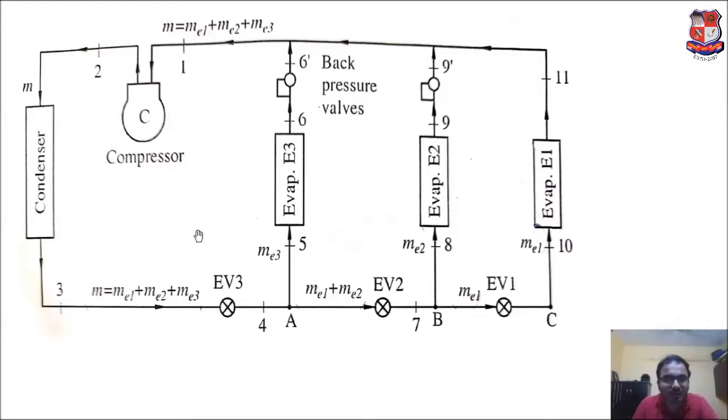Now here the only difference is the expansion valve is handling the full mass, that is M. So we do not have the expansion valve exactly along with the evaporator, it is separated. Now we will first focus on this EV3. This EV3 is handling the total mass M, ME1 plus ME2 plus ME3.